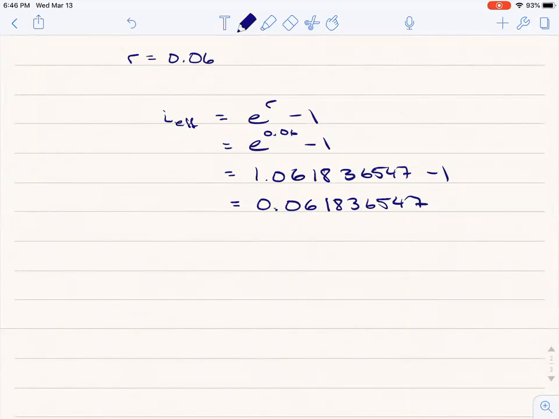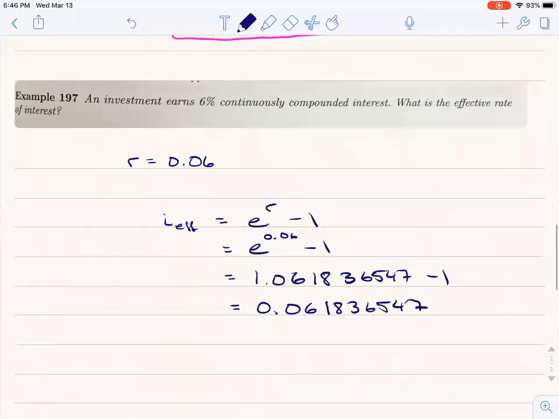What this is saying is that 6% continuously compounded is the same as 6.18% compounded annually.